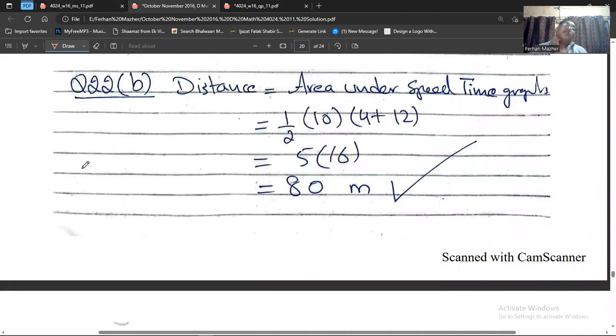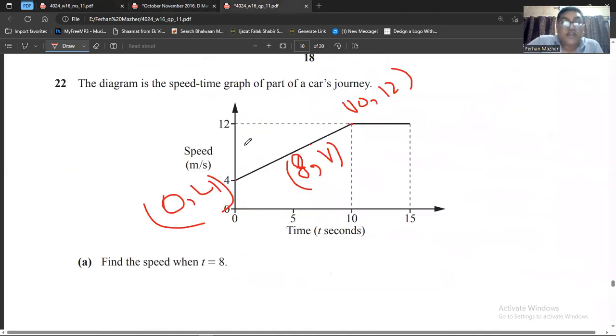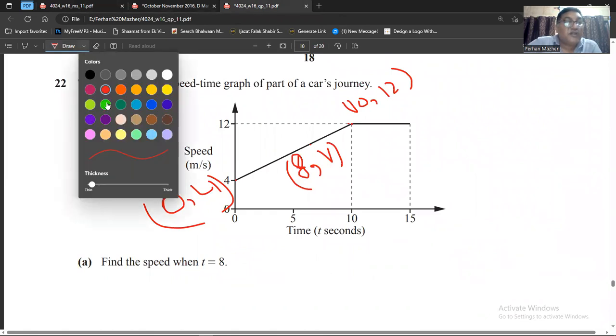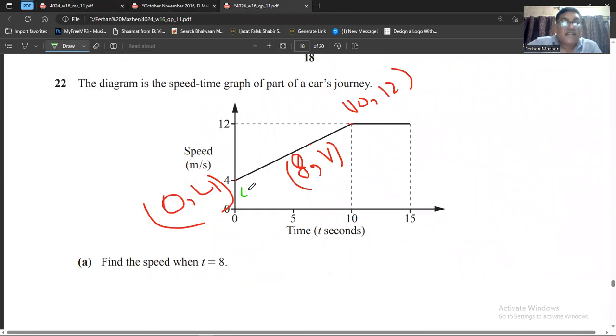So its formula is 1 by 2 into height into the sum of the parallel sides. You see here, let me change the color so it becomes easy. This side is 4, this side is 12, and this is the height, that is 10.